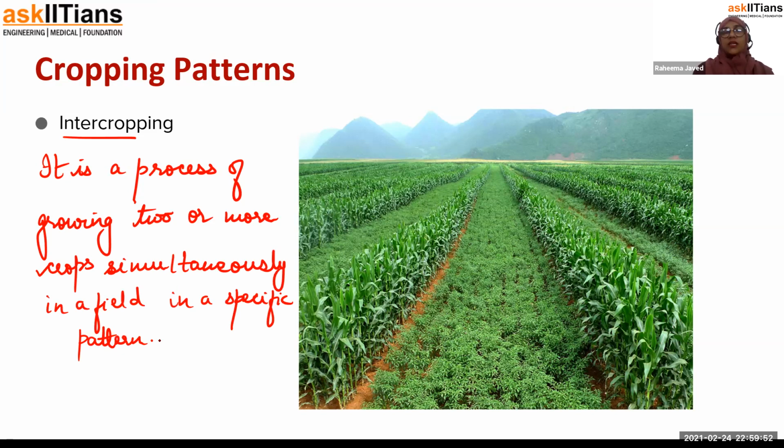So for intercropping and mixed cropping, growing two or more crops simultaneously in the same field is a similarity, but the difference is that in intercropping we are doing it in a specific pattern. In mixed cropping there is no pattern.